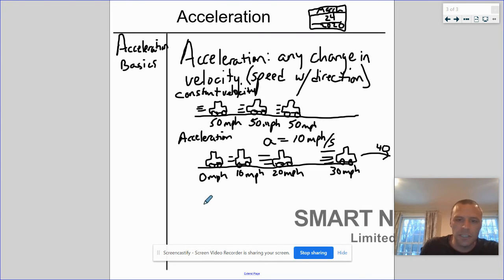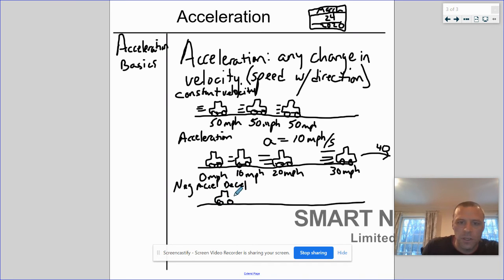And we can actually have what's called a negative acceleration or a deceleration. And that would be, imagine an object moving at 40 miles per hour, and then it goes down to 30 miles per hour.